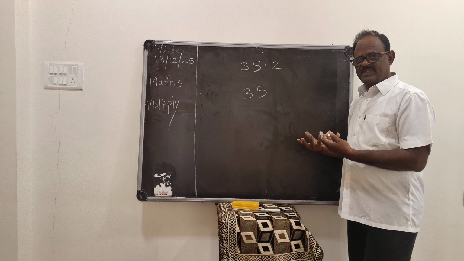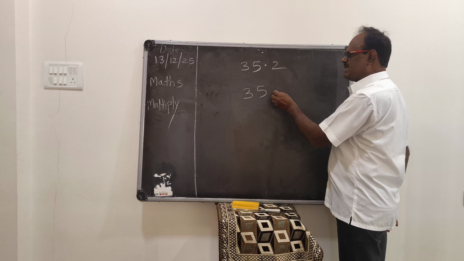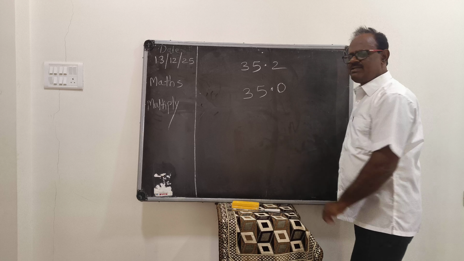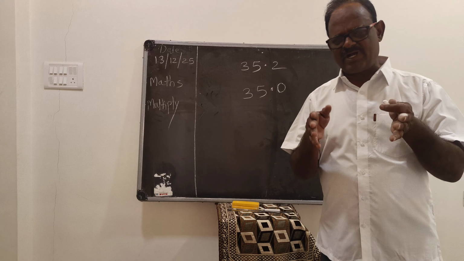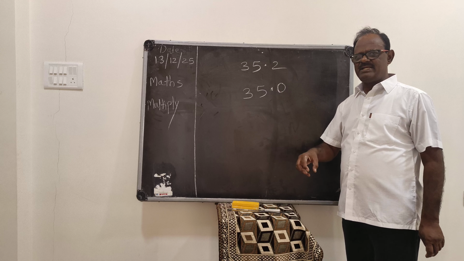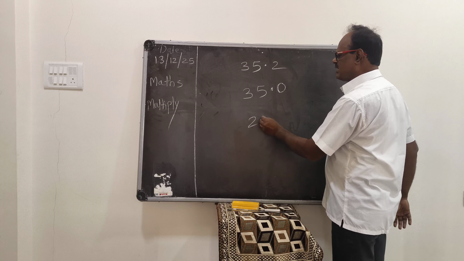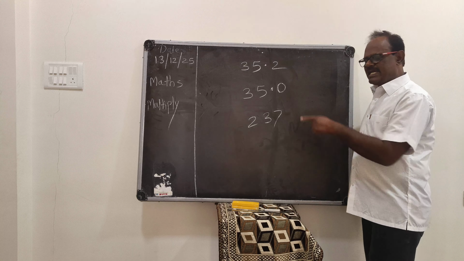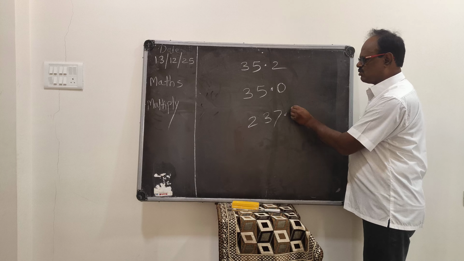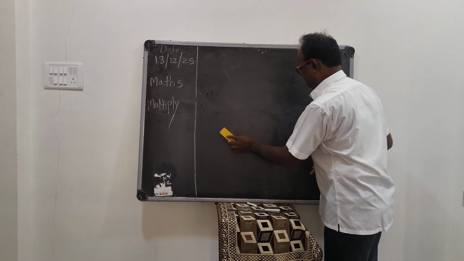Where is it? It is always after the unit place number, and 35 means in mathematics 35.0. Always keep in mind that any number you see, suppose 237, is actually 237.0. First of all, keep this in your mind.